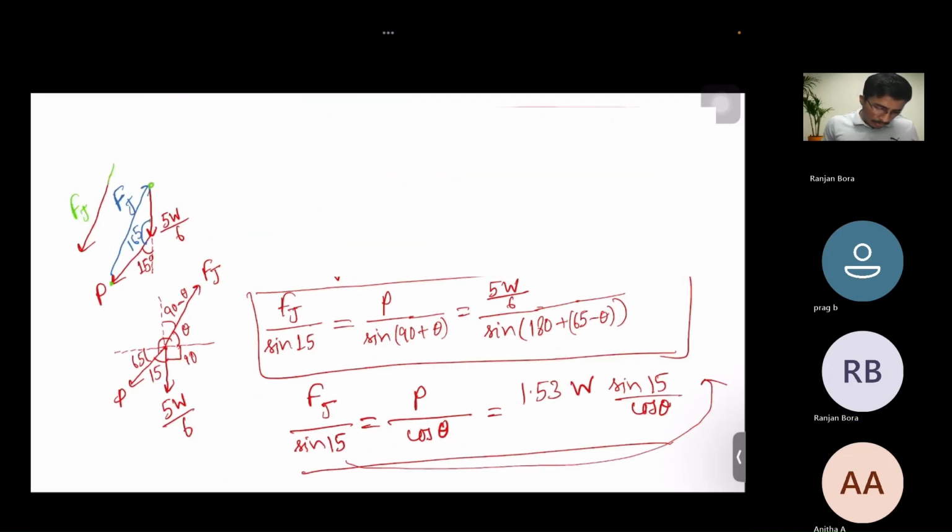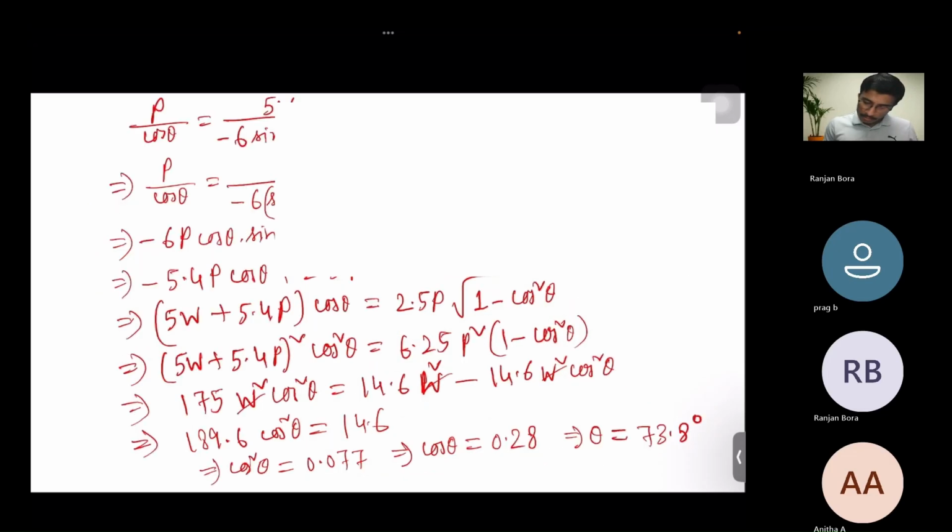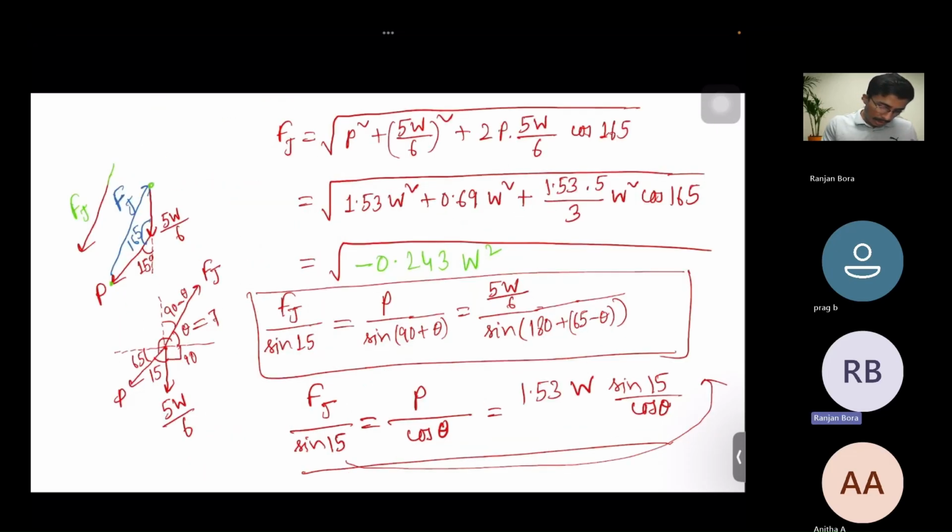So what is the theta? We have assumed theta in this figure. Theta we have got 73.8.